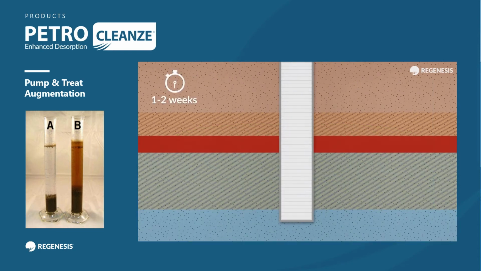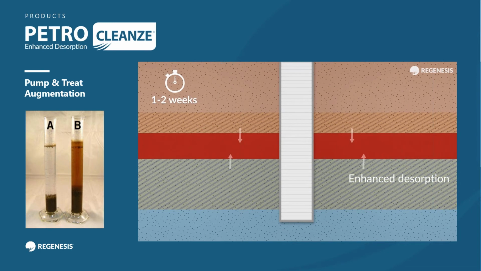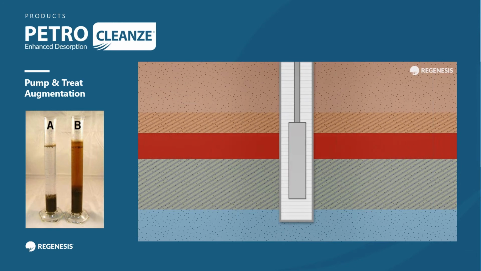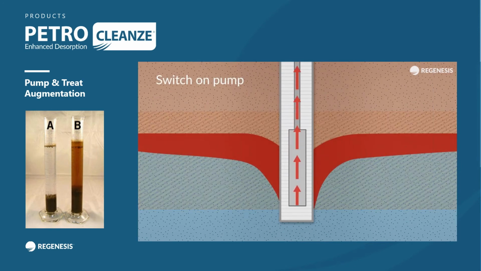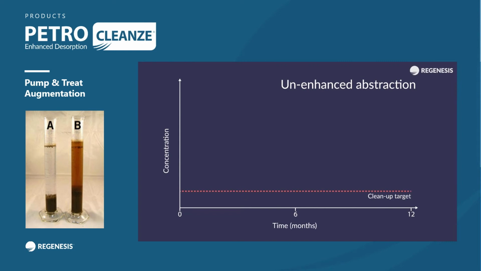Once you inject, typically targeting the smear zones of the upper element of the aquifer, you leave it 2 weeks to allow that desorption process to happen. After 2 weeks the pH will start to buffer out fairly quickly, and you can actually end up with resorption of contamination, so that 2-week window is important to keep an eye on. With PetraCleanse, your recovery rate would tend to look a bit like this.